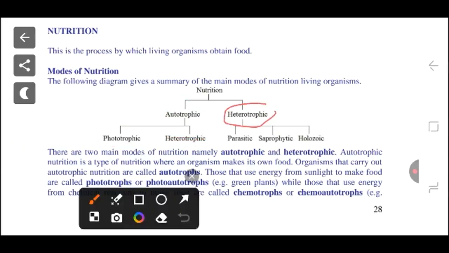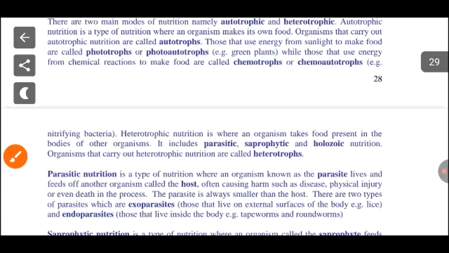Then under heterotrophic, we've talked about parasitic, where a parasite feeds on a host, either external or internal, as well as the saprophytic nutrition, and we've looked at the rhizoids and the hyphae and the like. We also have the holozoic nutrition, all falling under heterotrophic nutrition.